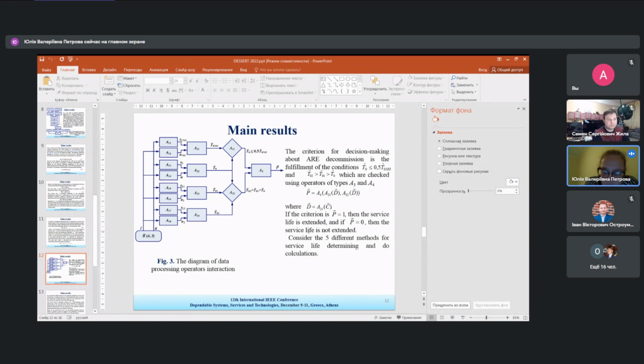The other 4 methods use data processing in a sliding window, and they consider the second and third parts of the operating process, and these methods differ in additional intervals duration, T1 and T2.